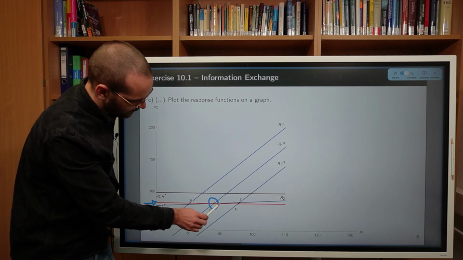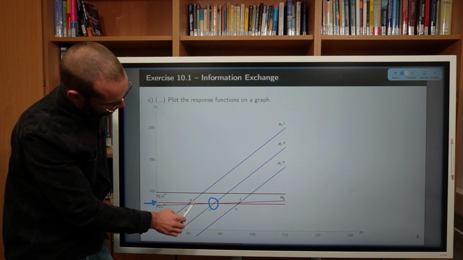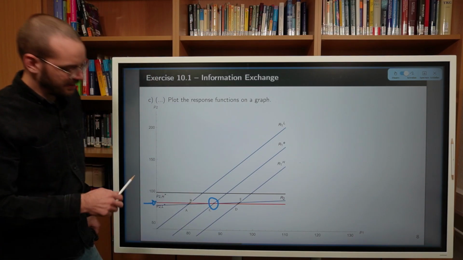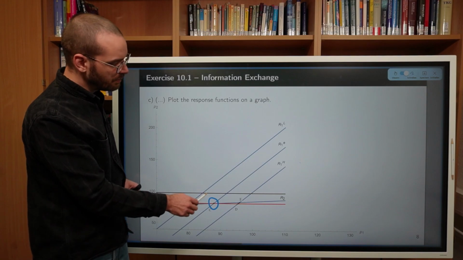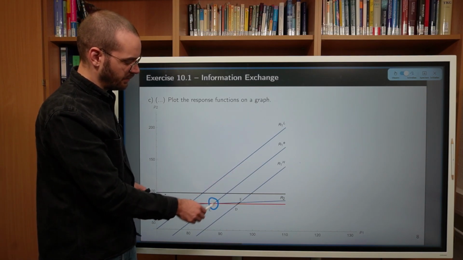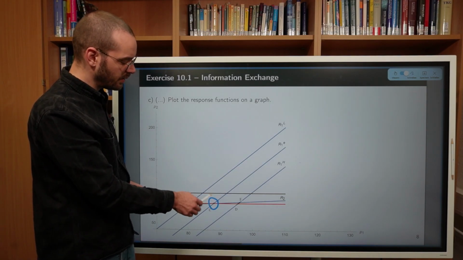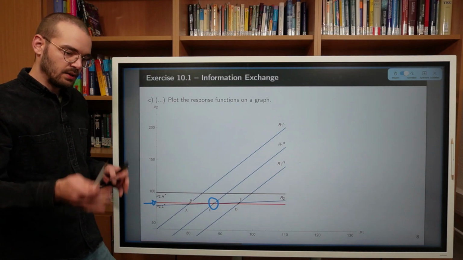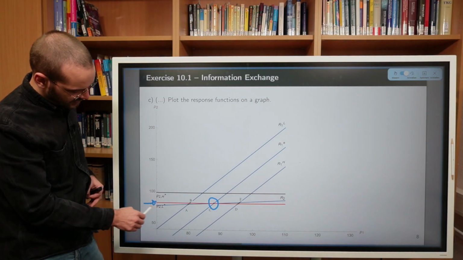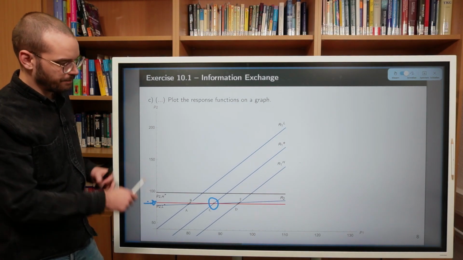This expectation building with regards to the reaction function of firm 1 results in a price for firm 2 having low costs that is in this point right here.